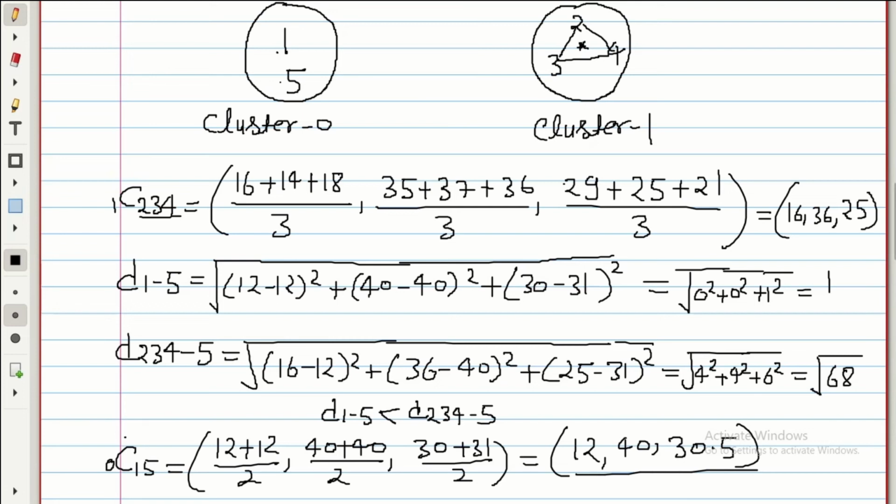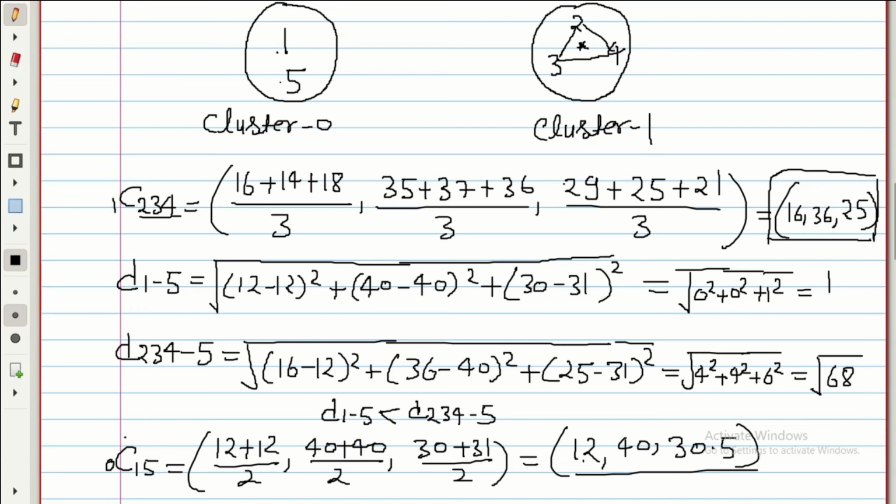And the final centroid for cluster number 0 is 12, 40, 30.5, and the centroid for cluster number 1 is 16, 36 and 25.